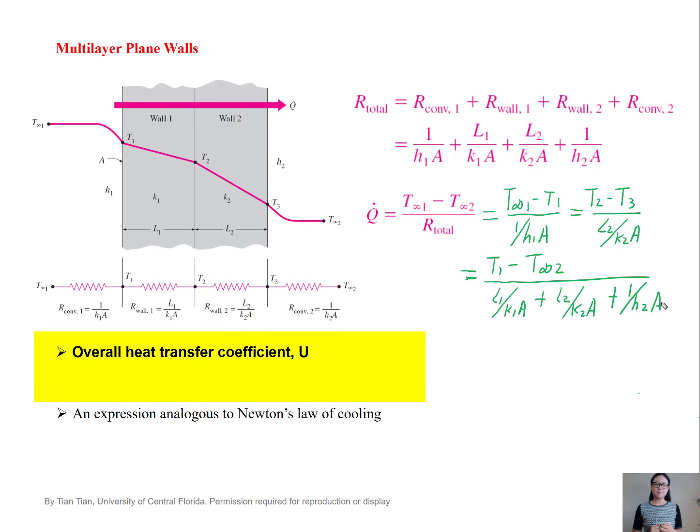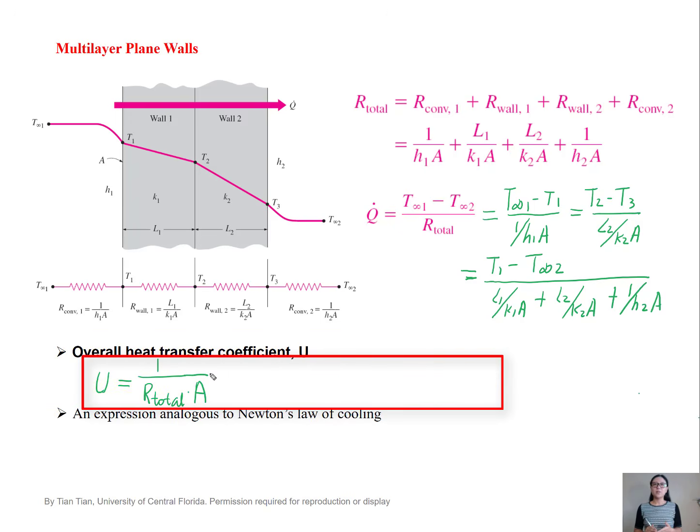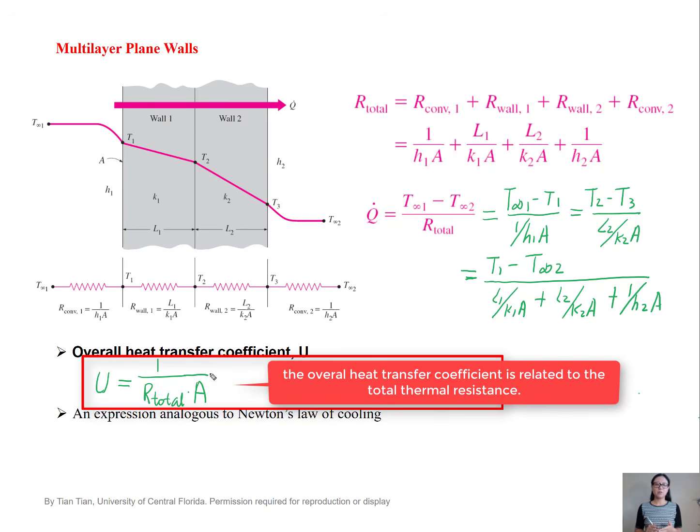With composite systems, it is often convenient to work with an overall heat transfer coefficient U. In industry, we often call it the U factor. It is defined as 1 over our total resistance, times A. Note, the overall heat transfer coefficient is always related to the total thermal resistance instead of any individual resistance.